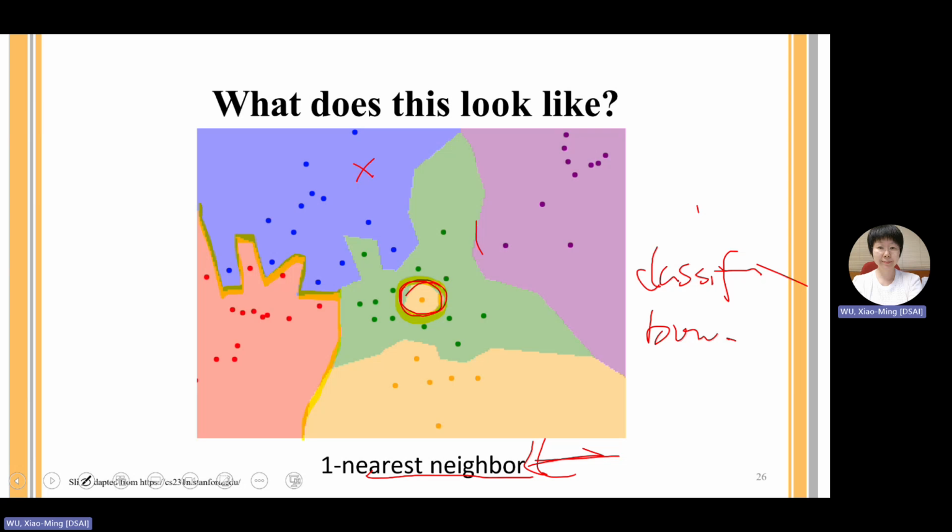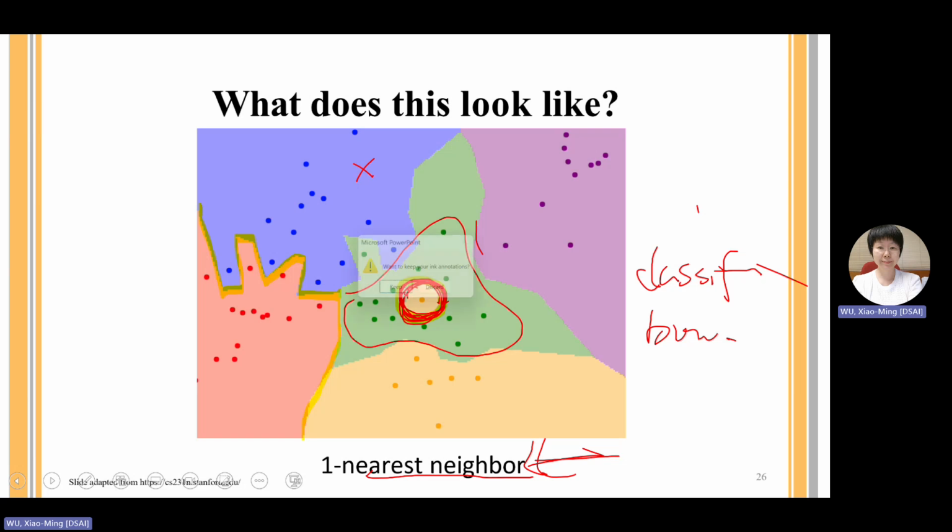Due to this outlier point, this region is supposed to be the green class. Why? Because this region is inside many green points, so it is supposed to belong to the green class.